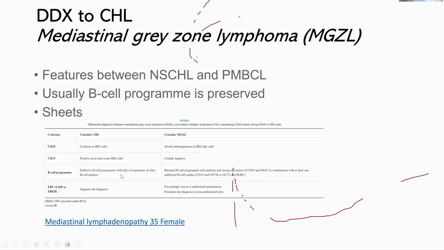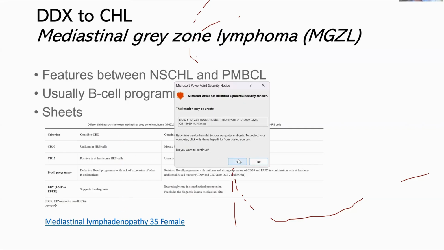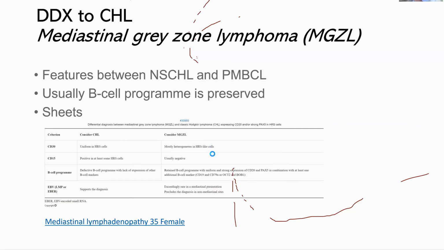And we discourage making this diagnosis on core biopsies unless you don't have any other option. This is one of the cases where on core biopsy we raise the suspicion of this diagnosis, and then we confirm it on an excisional biopsy. But you can see that there will be lots of overlapping features.